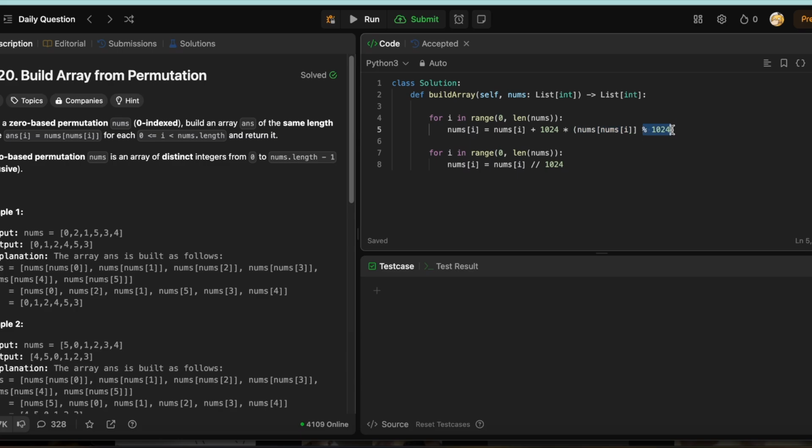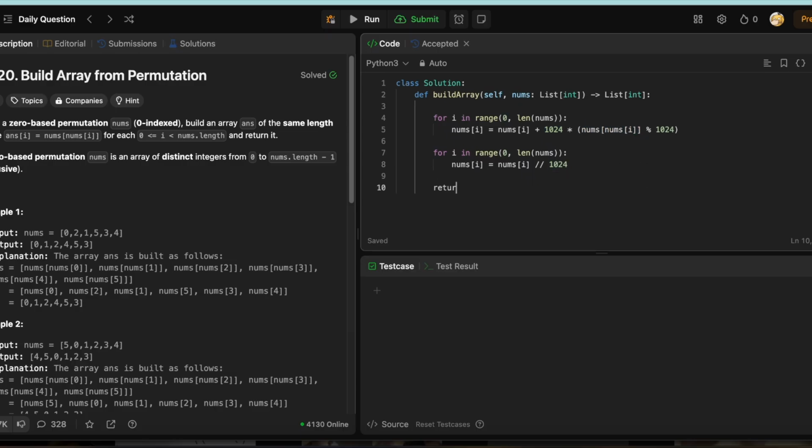So modulo 1024 gets rid of the 1024 that we multiplied to nums of i, and it leaves us with the value that should take the place of nums i in the end. And we restore that by dividing it by 1024 to get rid of the 1024 that we multiplied to the value that should occupy this space.